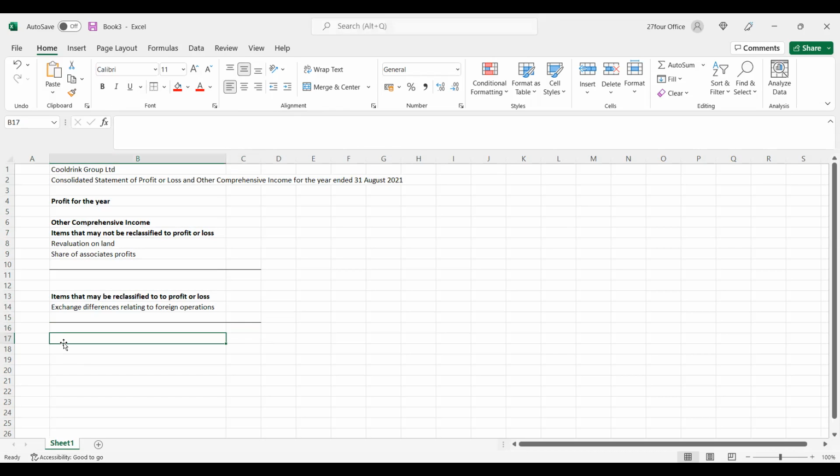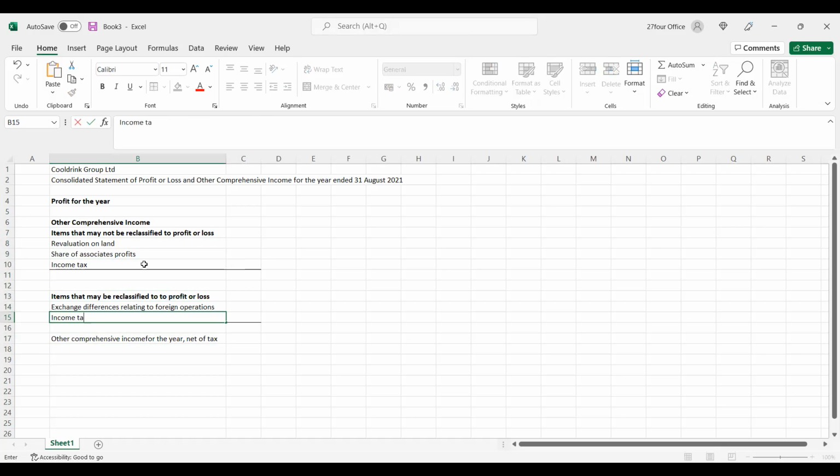Then we're going to have other comprehensive income for the year, and this is going to be net of tax. We're telling them it's net of tax. So this amount over here will be net of tax. That amount over there would be net of tax. If it was gross of tax, then we would still have these line items, but we'd also have a line item called income tax.